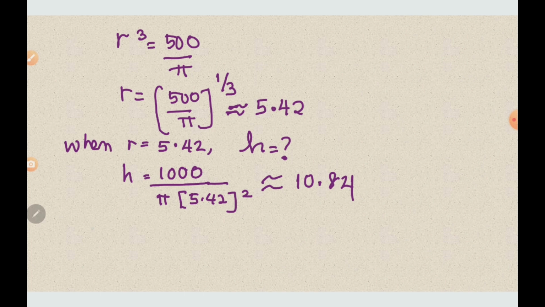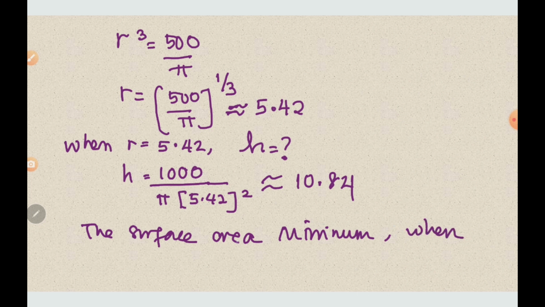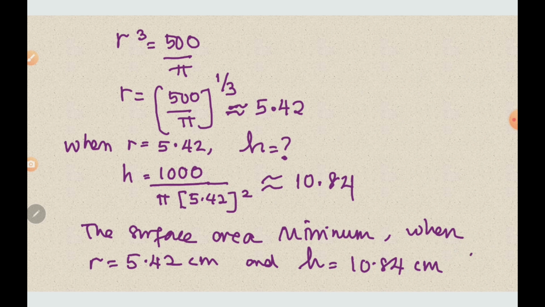So the surface area is minimum when r equals 5.42 centimeter and h is equal to 10.84 centimeter. Okay, that's all. Thank you.